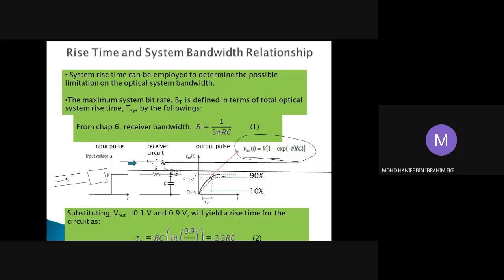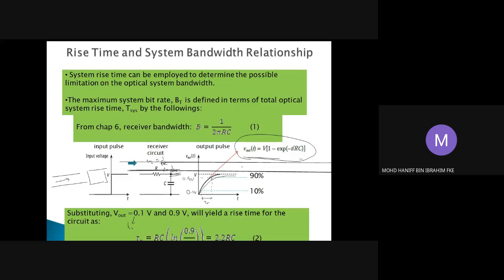If we substitute V out as 0.1 V and 0.9 V, we are supposed to get two equations with different time values. For example, for V out of 0.1 V, the value of t can be written as t1.